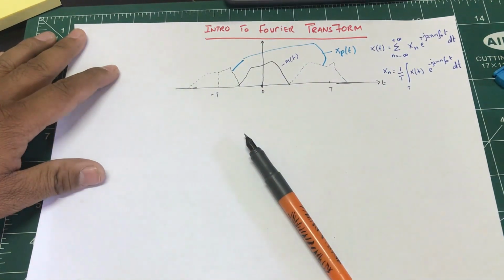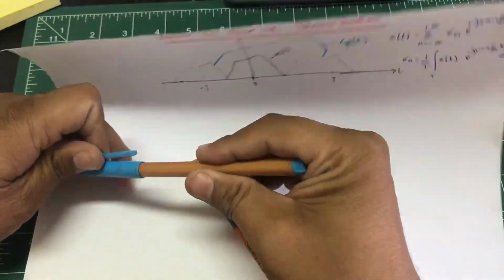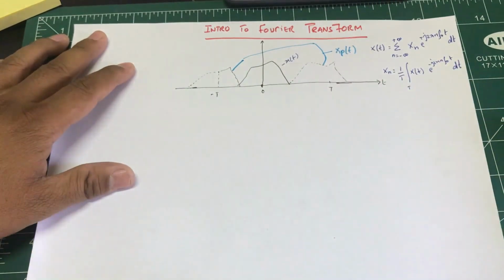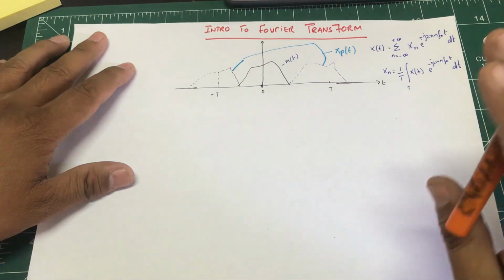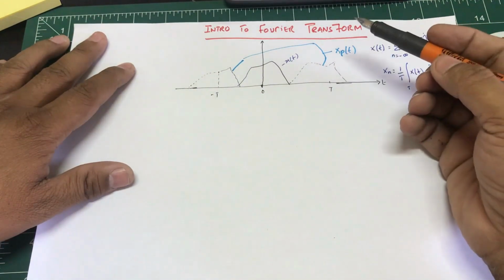What I'm saying is this: yes, it is a periodic signal, but the original signal is an aperiodic signal, and we're making one assumption, that it's going to repeat itself after a very, very long time. I hope you're getting this. I hope you're understanding it. So this was my actual signal, which is an aperiodic signal.